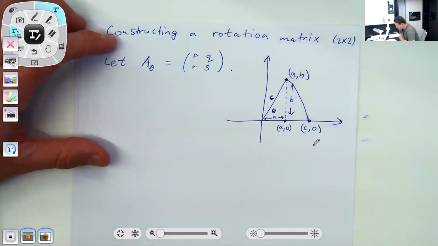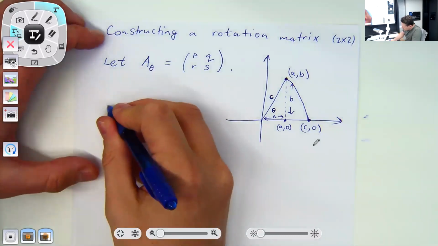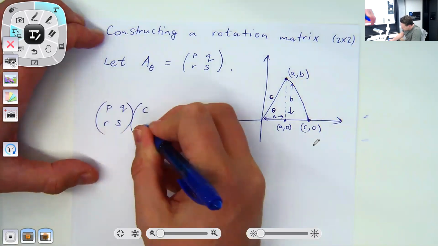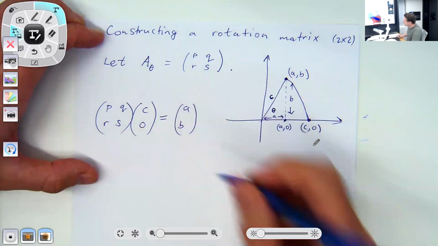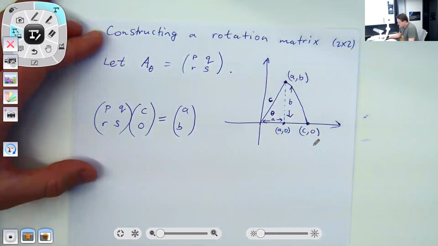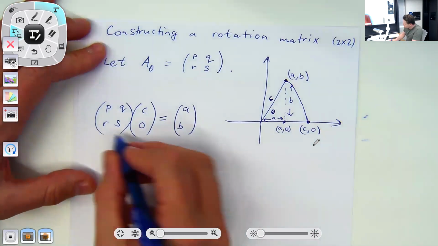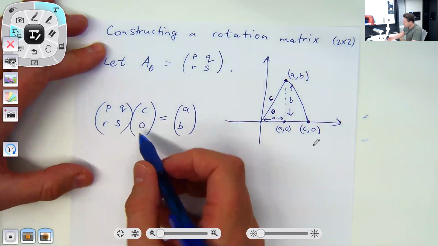So remember, I'm multiplying the matrix A theta by C0, and I'm getting AB, all right? So in other words, PQRS times C0 is equal to AB. Okay, great. So let's multiply that out. And so if we multiply the left, well, we have P times C plus 0.